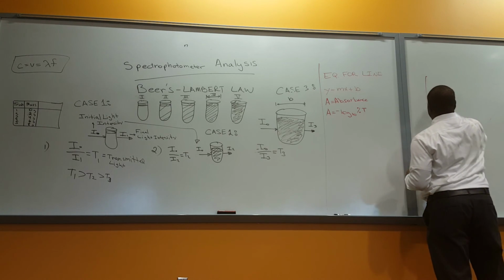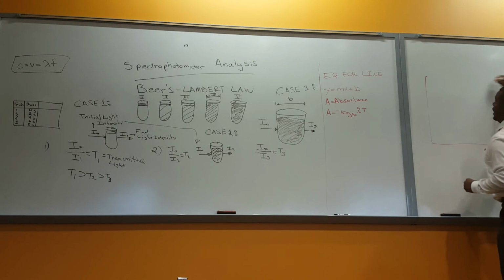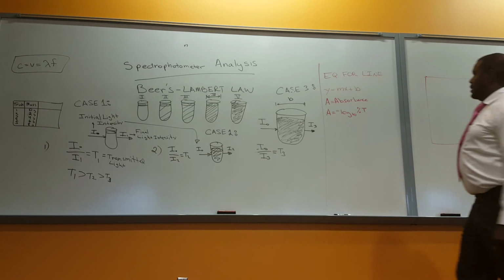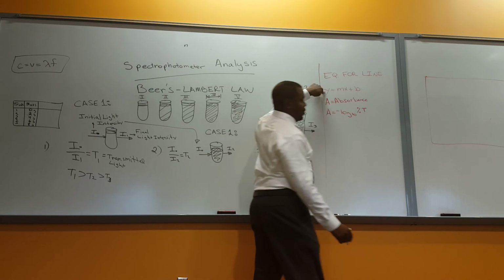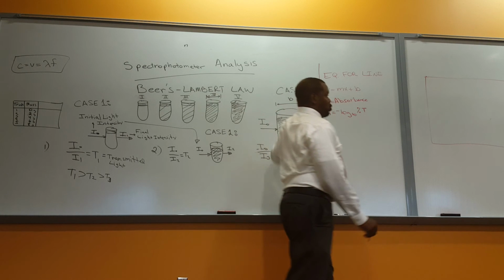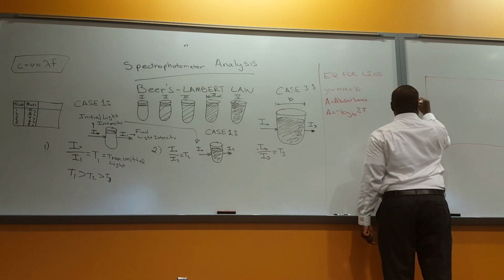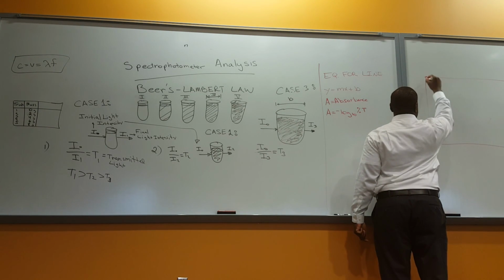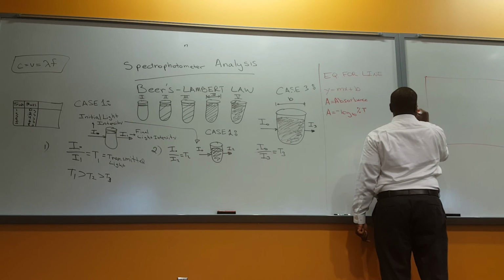You can end up with a plot, okay? And on the y-axis, the y is going to be your absorbance, right? Isn't it? So absorbance is going to be A on your y-axis, okay?